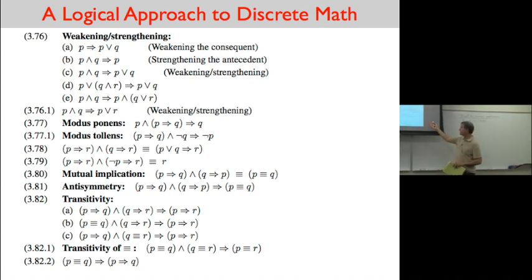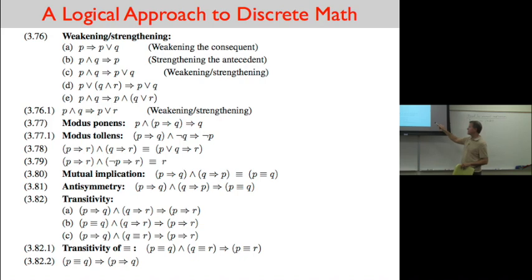So here it says, 4.7 mutual implication: to prove P equivalent to Q, prove P implies Q and Q implies P. So let's take a look at 3.80. That's what it is. 3.80 is mutual implication, and notice what it says.